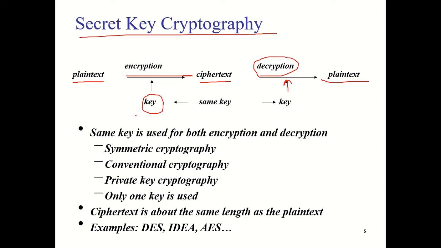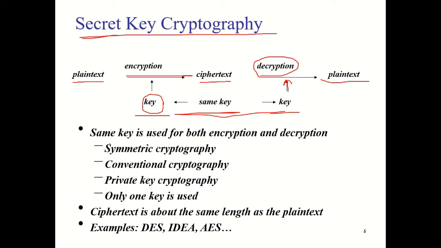Here you can notice that the key used at the sending end and the receiving end are the same key, right? That is why we call it a secret key, and this key is known to the sender and receiver only. So we call it private key cryptography also because of this reason.